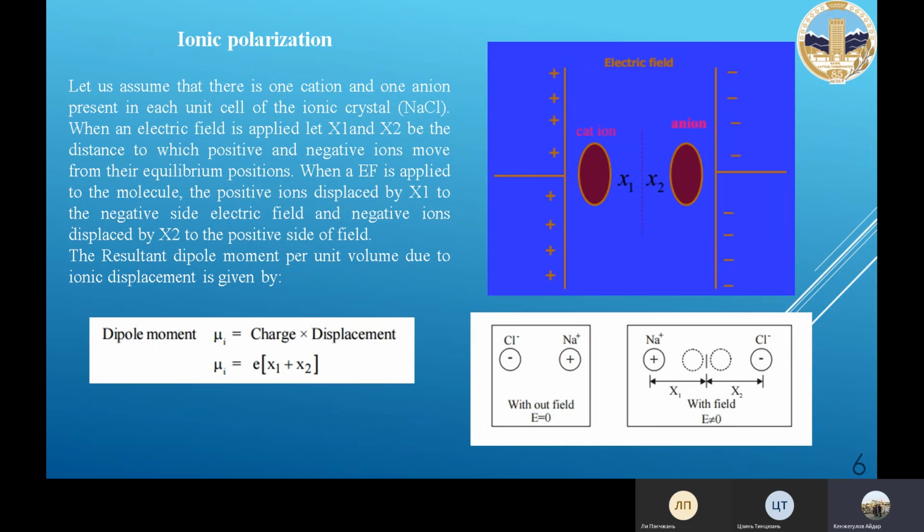When the electric field is applied to the molecule, the positive ion is displaced by x1, this one. On the negative side of the electric field, the negative ion is displaced by x2, to the positive side of the field. The resulting dipole moment per unit volume due to ionic displacement is given by this formula. This is the charge and this is the displacement.